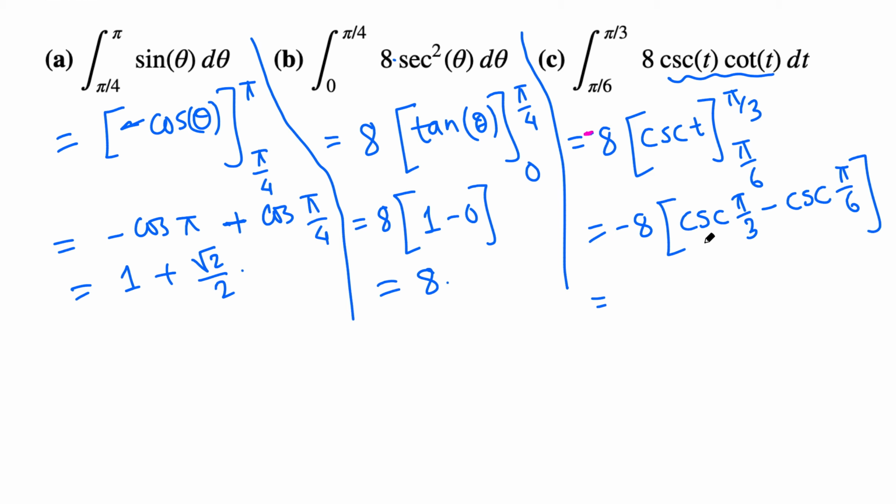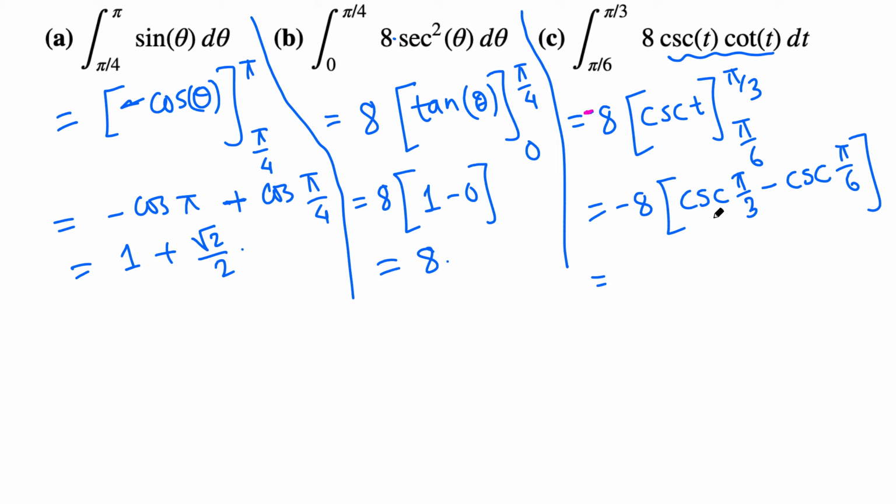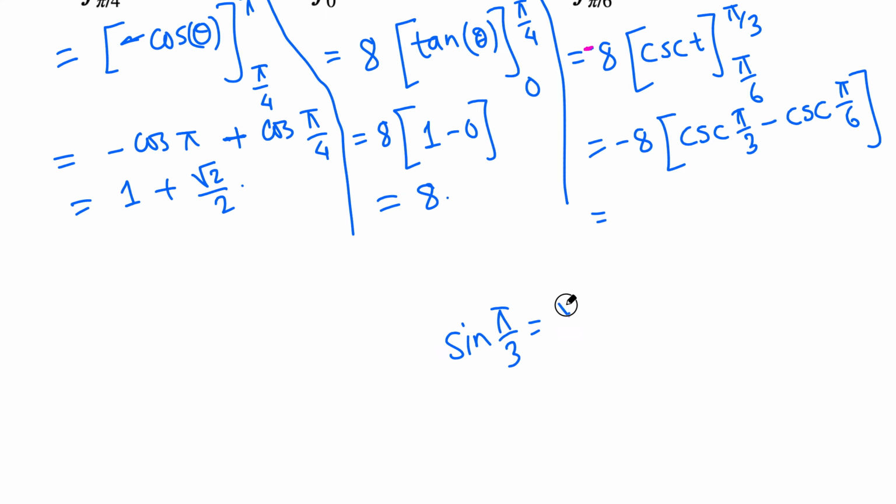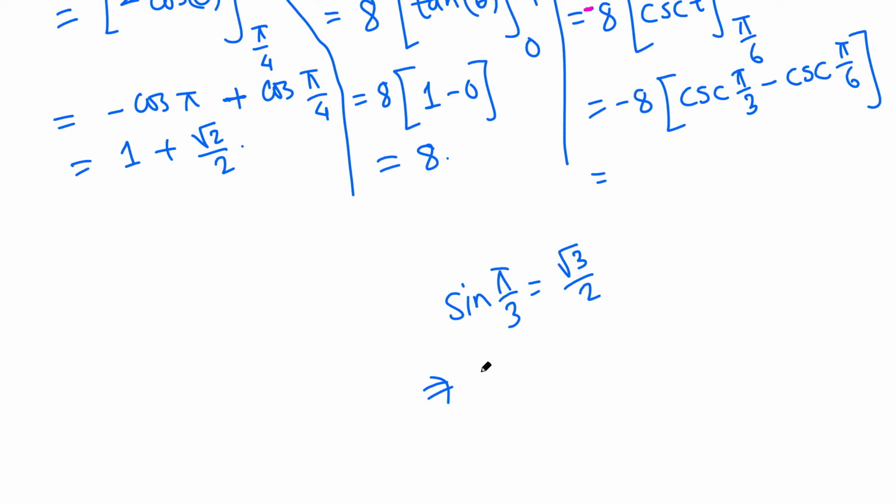Okay, cosecant is the reciprocal of sine. So we know that sine pi over 3, sine 60 degrees, by the way, that is root 3 over 2. That means cosecant pi over 3 is just the reciprocal. In the same way, sine pi over 6, sine 30 degrees, is 1/2.